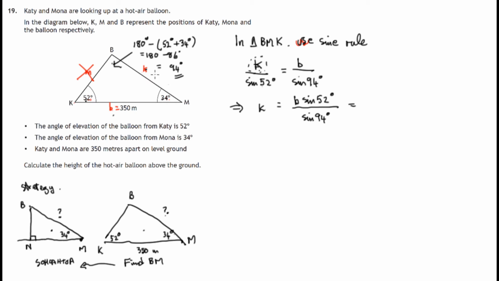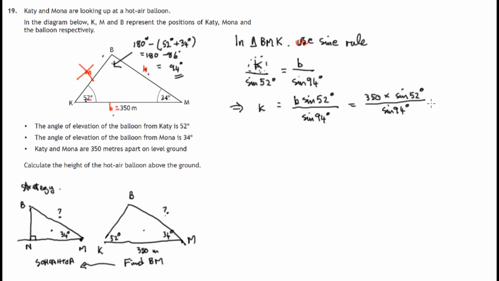And we do know what little b is, it's 350. So the calculation we do is 350 times the sine of 52 degrees over the sine of 94 degrees. And that gets us this side BM.